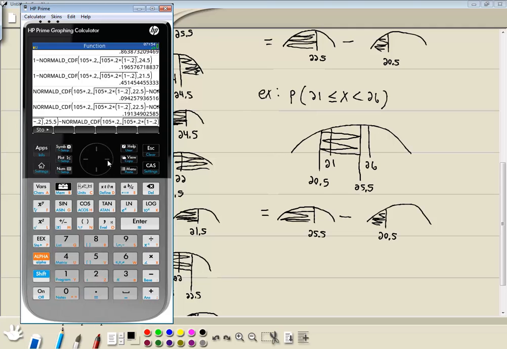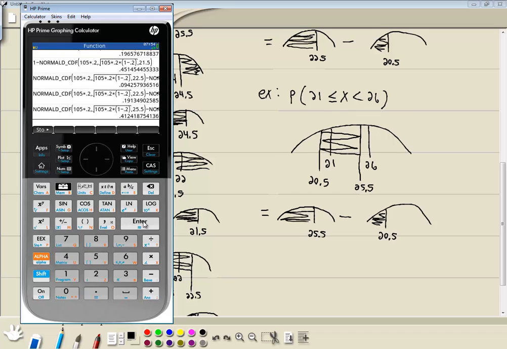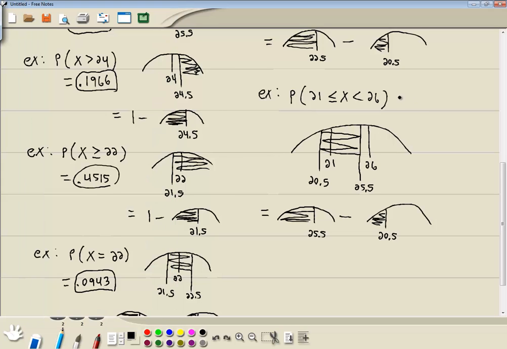Do a right arrow key to get out of the parentheses, right arrow get out of square root, then comma, and I'll put in this corrected x value, which is 20.5. And assuming I typed everything in correctly, press enter and see what we get. 0.4124.